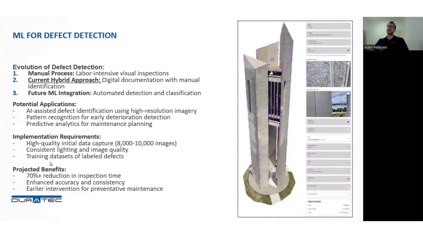With proper data capture and those 8 to 10,000 images I mentioned, we can train algorithms for pattern recognition and early deterioration detection. The implementation requires consistent lighting and quality training, and the projected benefits are significant. You've got reduced inspection time, enhanced accuracy, and earlier intervention with preventative maintenance.